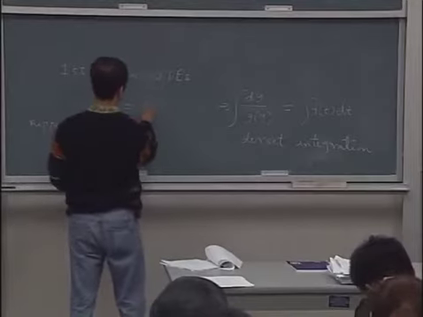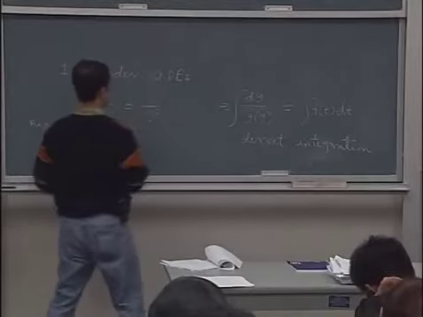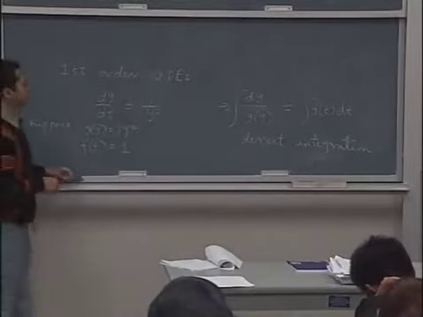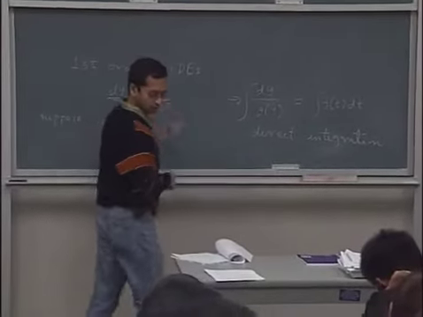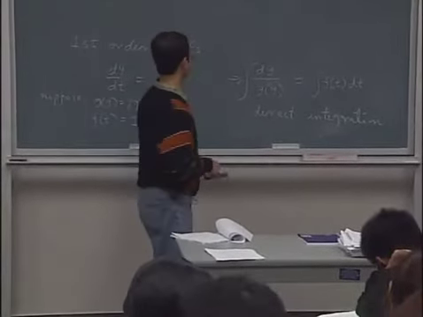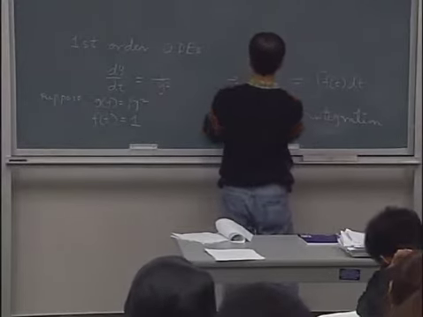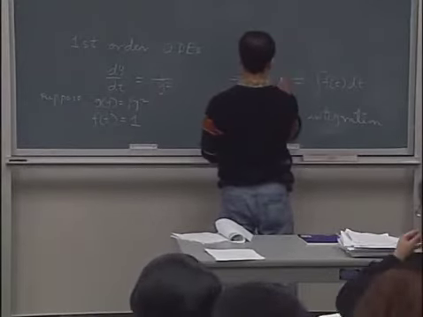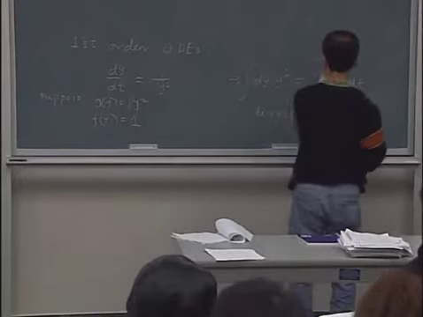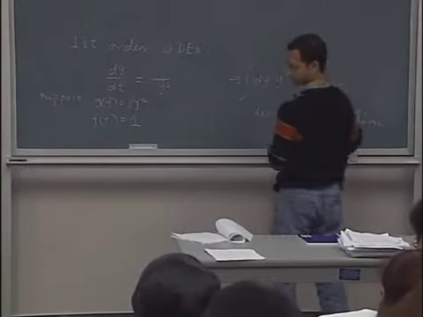So this is a nonlinear equation, but when I separate the variables, I get y square dy equals dt.